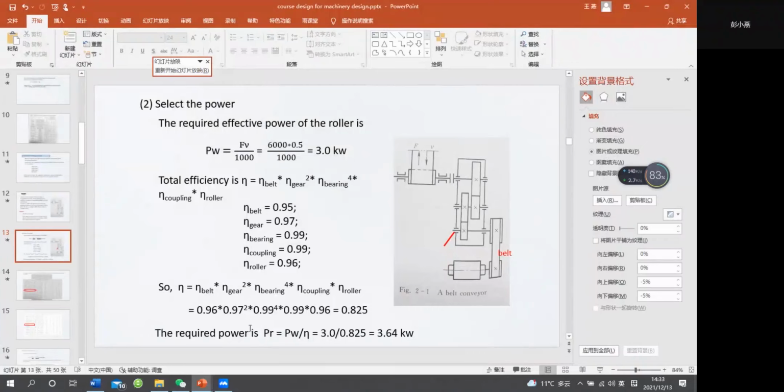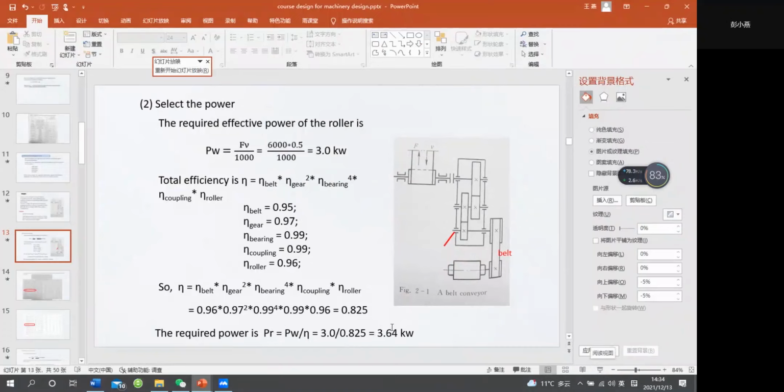And then calculate the required power for the motor. It's the required power of the working part divided by the total efficiency. So we calculate PR. PR is 3.64 kilowatt. Okay, any problem?